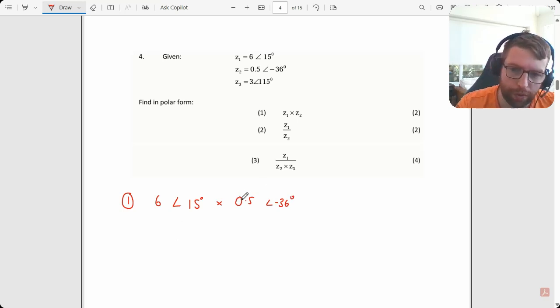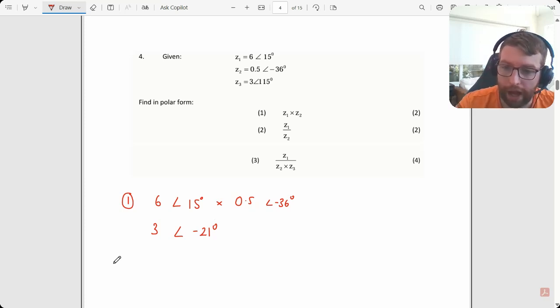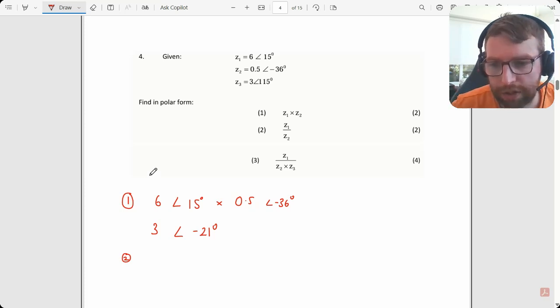The times are different ones, so that ends up 3. You'll have a calculator to do that, and then you add the other ones, and we get minus 21 degrees. I had to look at the answers and work that out personally because I've not seen this notation before.